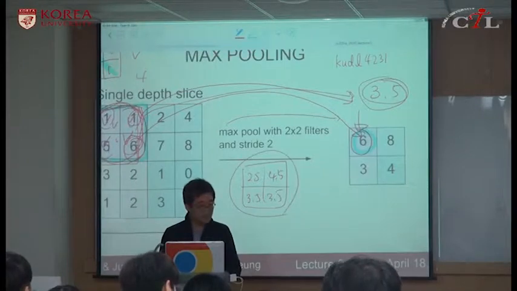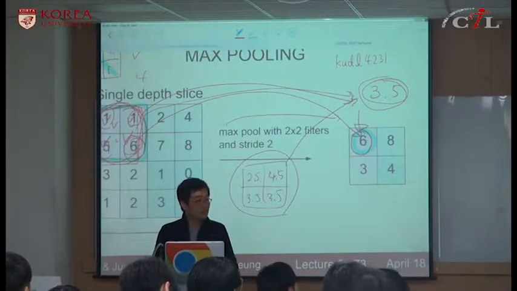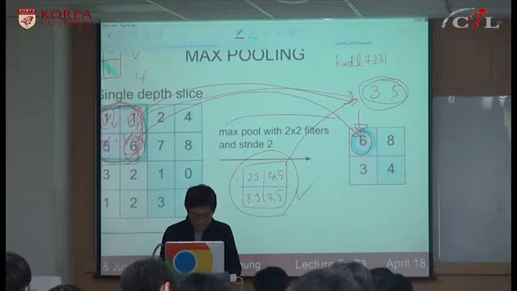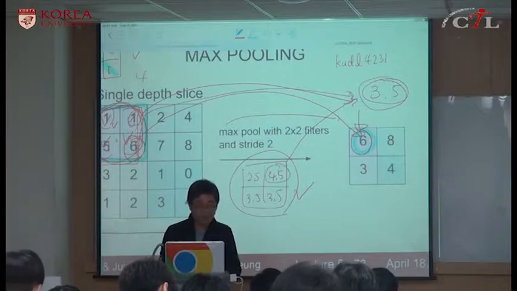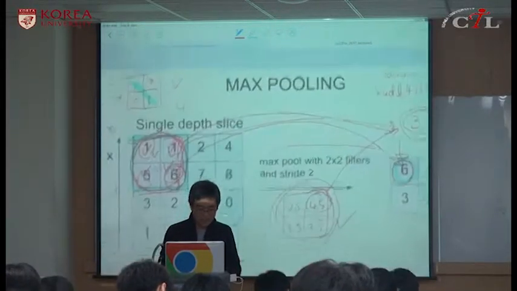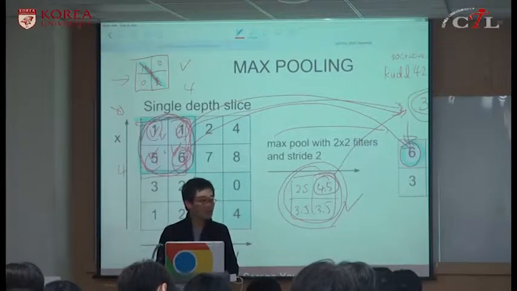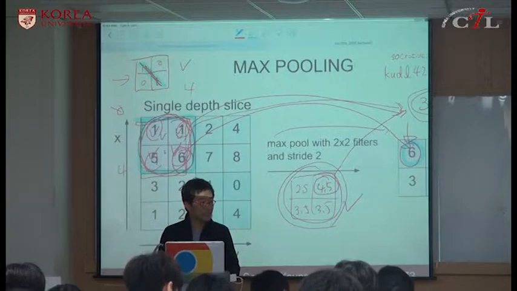In that case, the average value is the same, 3.5, right? But the strongest pattern was only 4.5, which means that in this region the pattern was not strong enough anywhere within this 2x2 region, right?